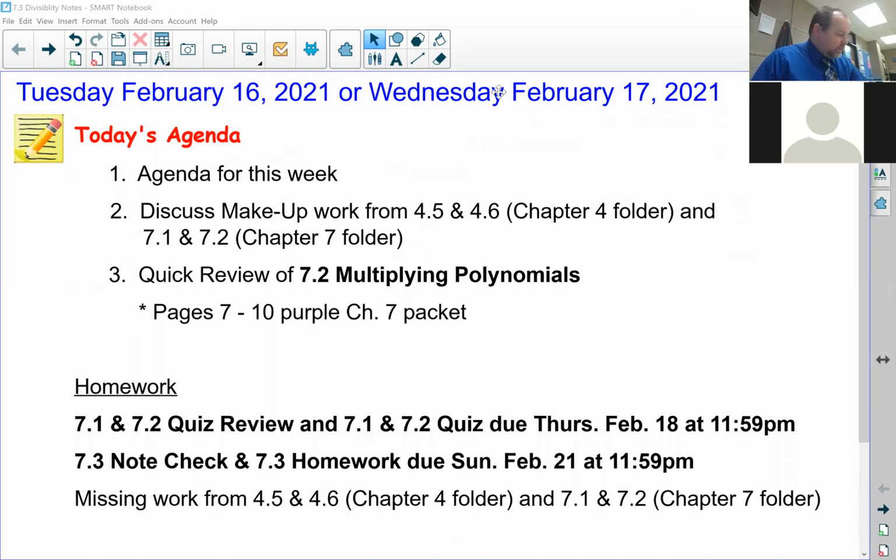And then at the end of the week, we are going to talk about some divisibility rules, ways that we can tell if a number is evenly divisible by a different number without actually having to divide it out, which will lead us into the work we're going to do next week.